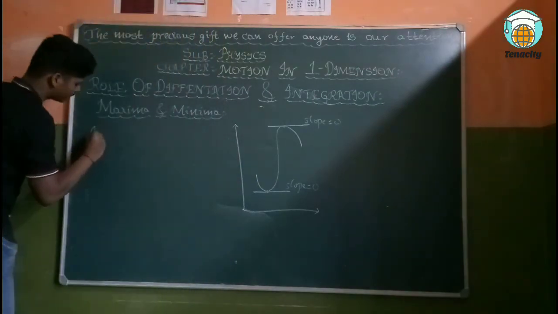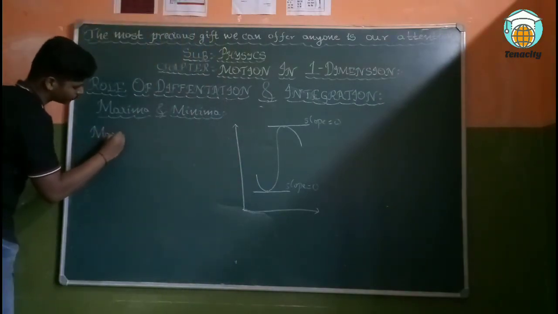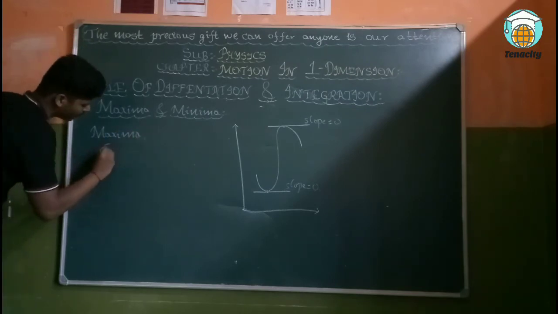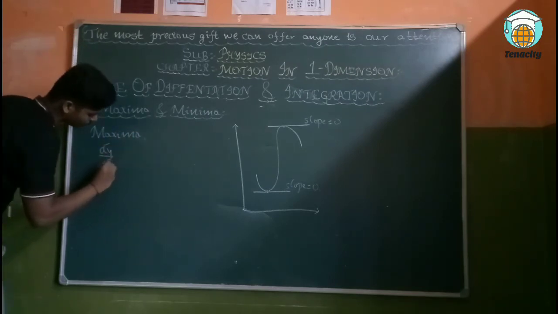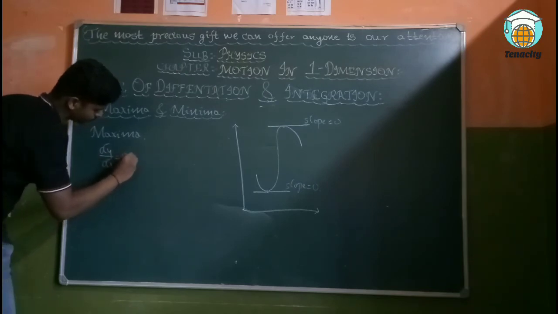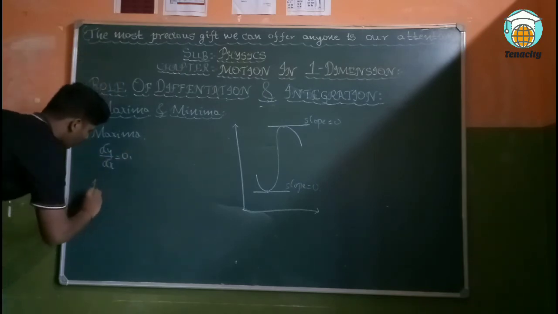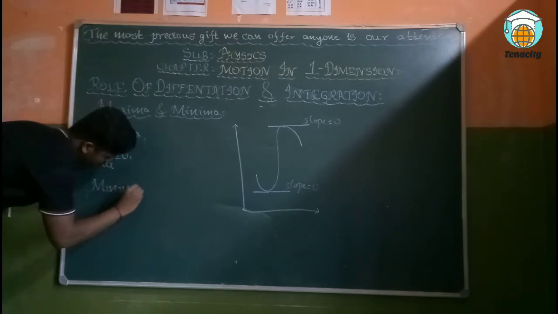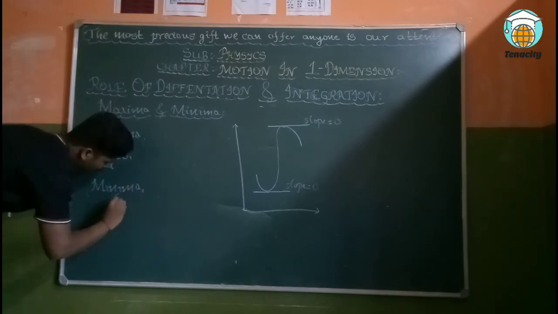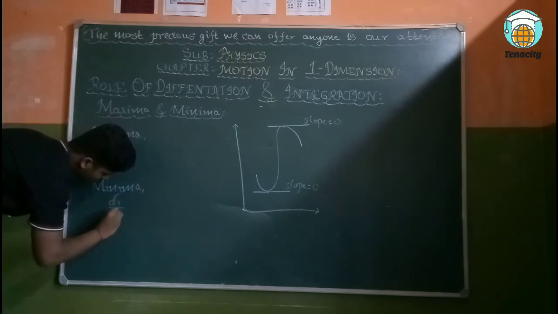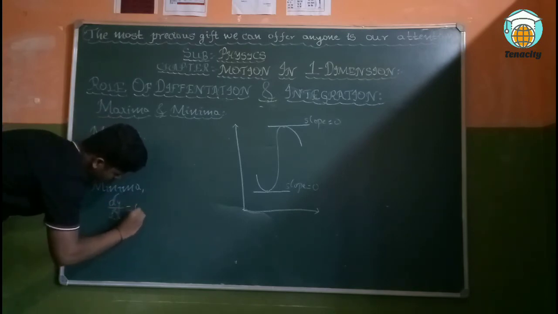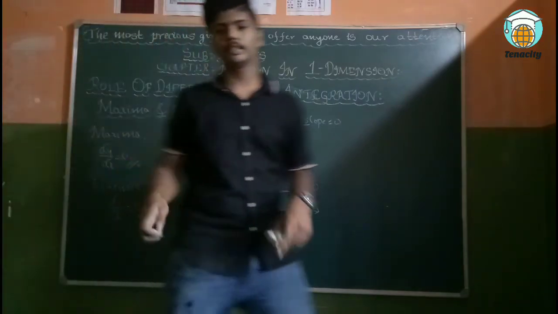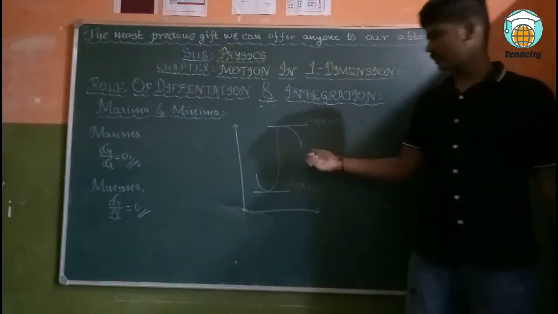So for maxima, dy by dx is equal to 0, and for minima also dy by dx is equal to 0. So this is the application of differentiation.